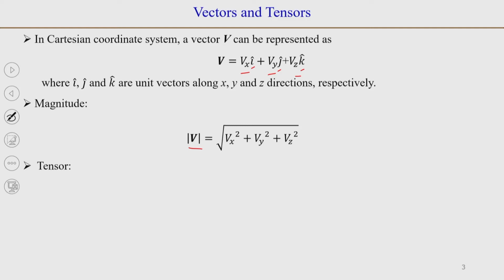Okay. Now, there is another quantity which you might have heard of, called tensor. So, tensor is a generalization of that. If we take a system in which all scalars, vectors as well as other quantities can be taken into account, where we need more than one direction to define a particular quantity.